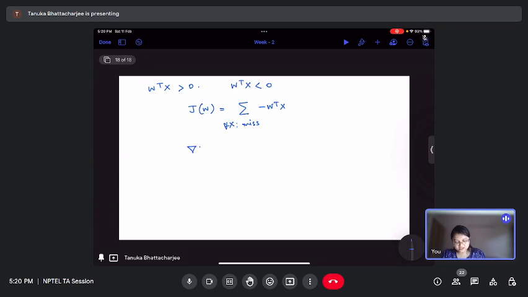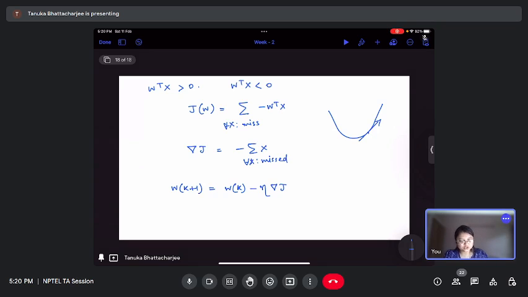Now if you take the gradient of this, it simply becomes minus summation of X for all X which are missed. Now by the gradient descent formula, Wk plus 1 should be Wk minus eta times delta J. If this is your loss function plot, let us say at this point your gradient is towards this side.